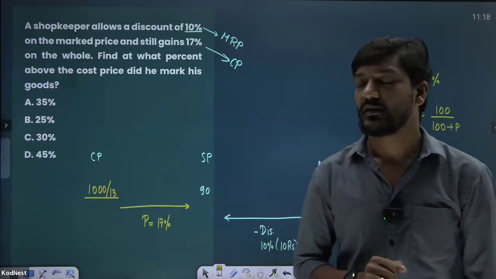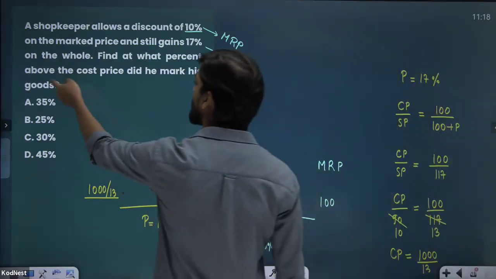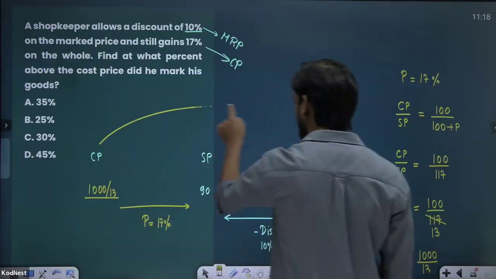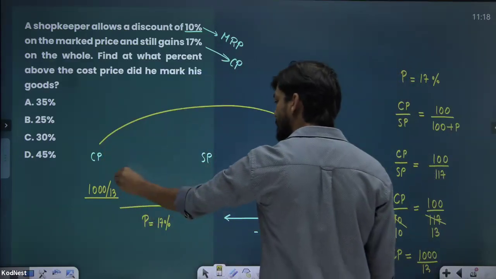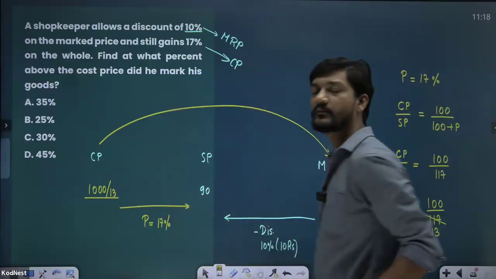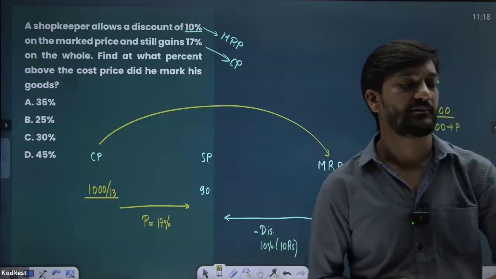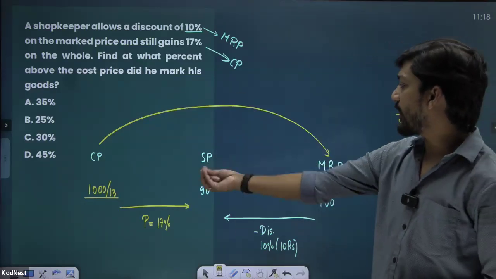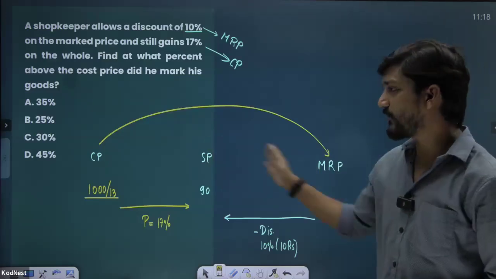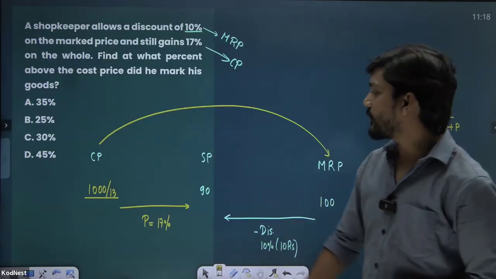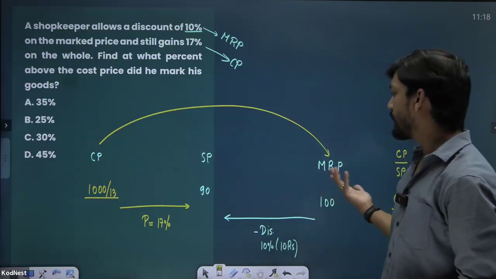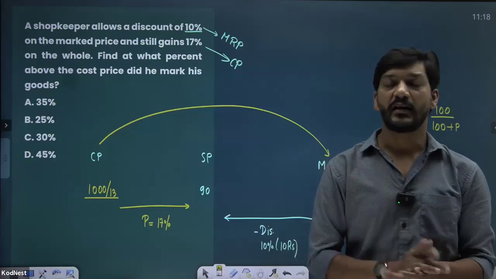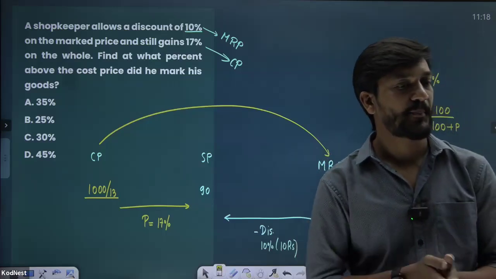What they are asking is, what percent above the cost price you are marking. Can you tell easily the difference of these two? For example, if this is 100 and this is 120, if I ask what is the difference, you will say sir 20. If this is 100 and this is 150, you will say difference is 50. Can you tell the difference easily in just 1 second?